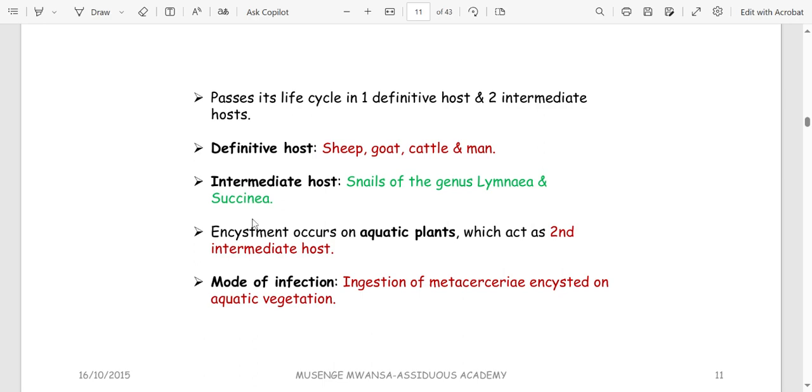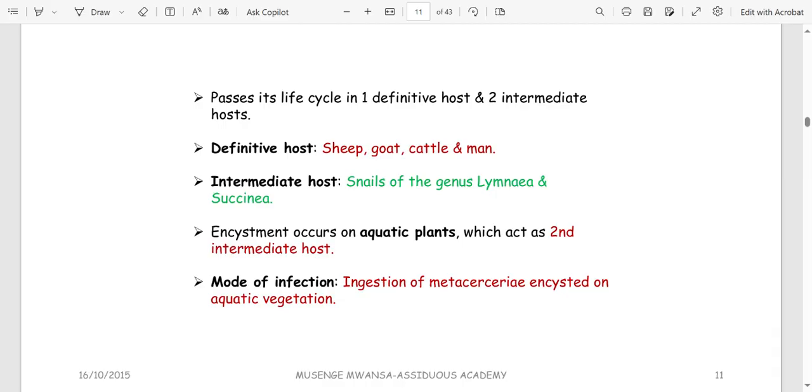And then encystment occurs in aquatic plants. So aquatic plants are the second intermediate host. What does encystment mean? Initially, when the egg is released, it contains the larva. When the larva, that small worm, breaks out of the cyst, we call that excystment.